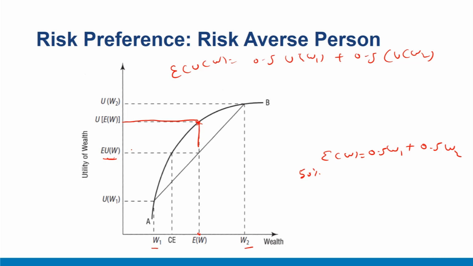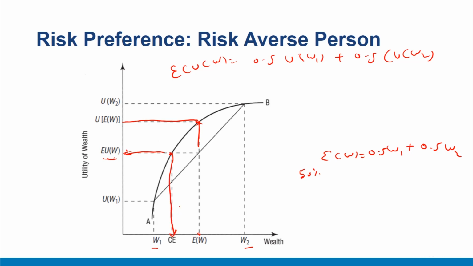If I want this individual to give up the gamble for a certain amount, what would that certain amount be? It is not too difficult to find. We can find the corresponding amount matching this expected utility on this curve, which is here, and take a perpendicular, which is CE.